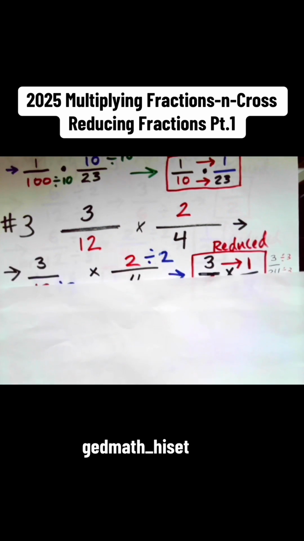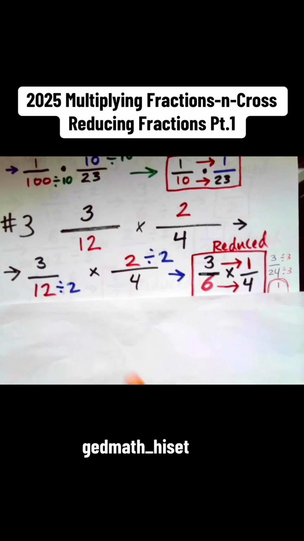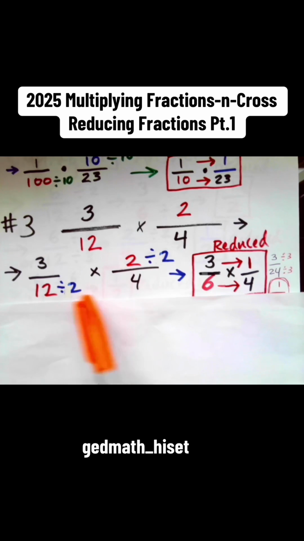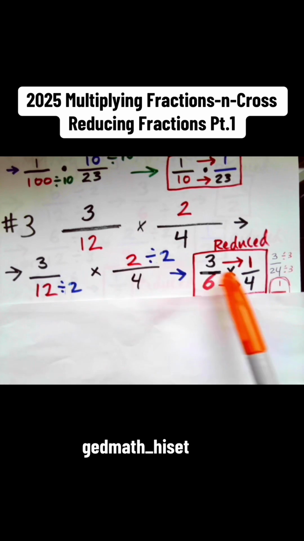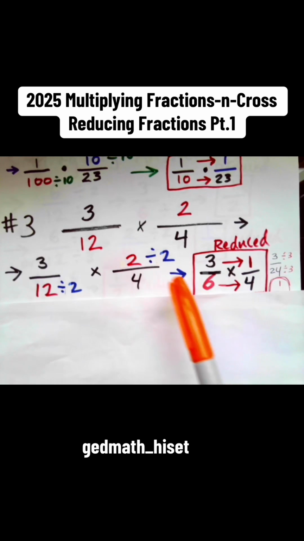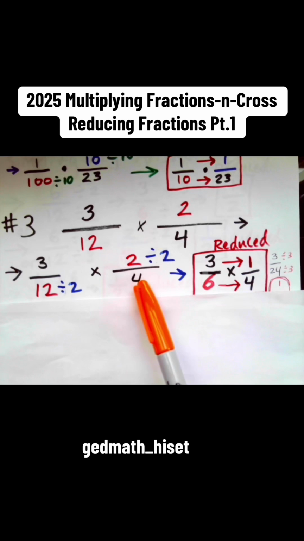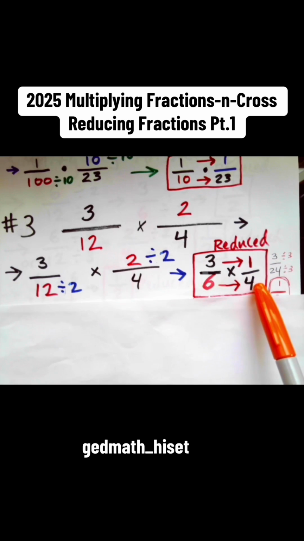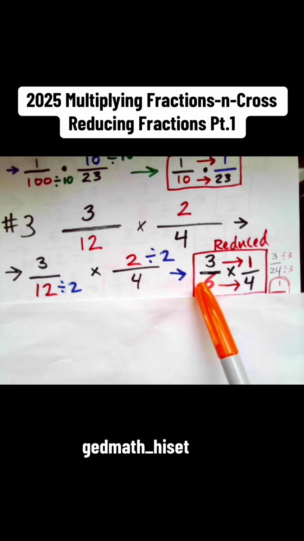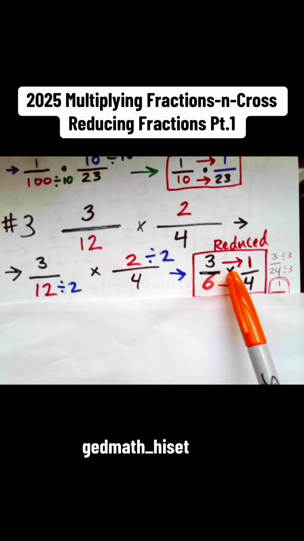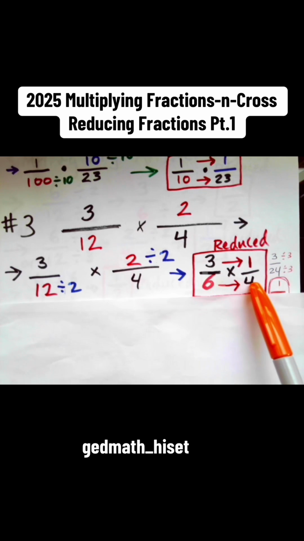So in this next step, I'm showing you here, 12 divided by 2, 2 divided by 2. I'm just going to rewrite the 3. 12 divided by 2 is 6. Bring over that multiplication symbol. I'm going to show you here 2 divided by 2 is 1. And I'm just going to rewrite that 4. So I have 3/6 times 1/4.